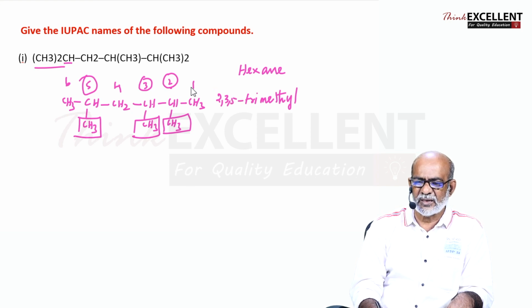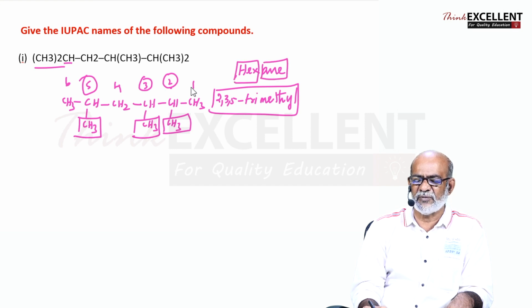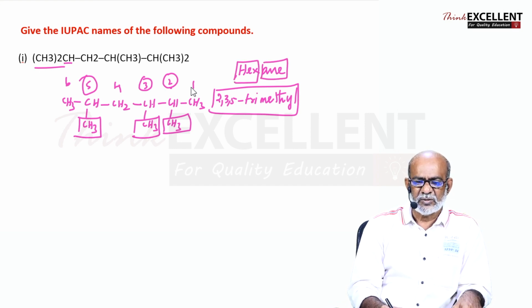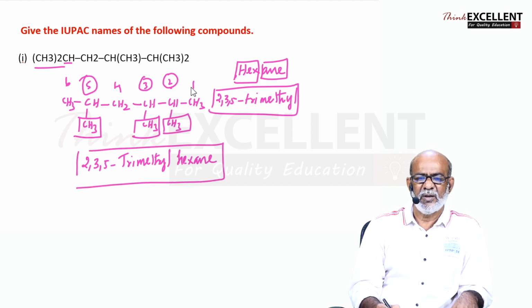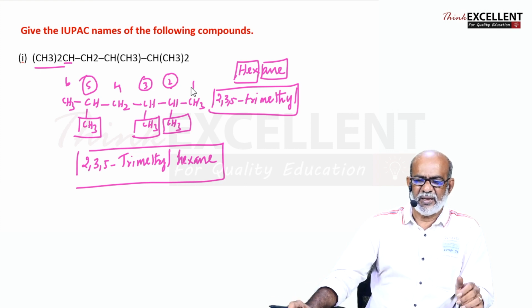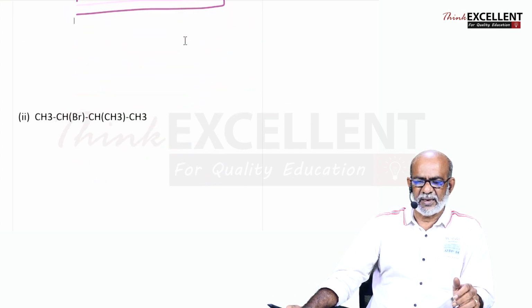Now this is the prefix word, hex is the root word, and ane is the primary suffix. Add all this and you get the name: 2,3,5-trimethylhexane. So this is the name for this particular compound.